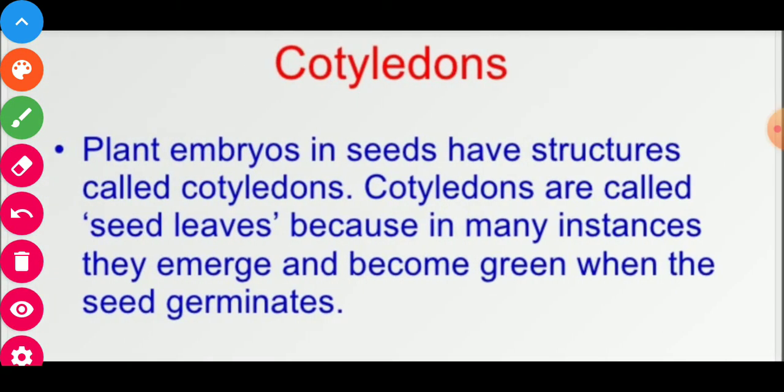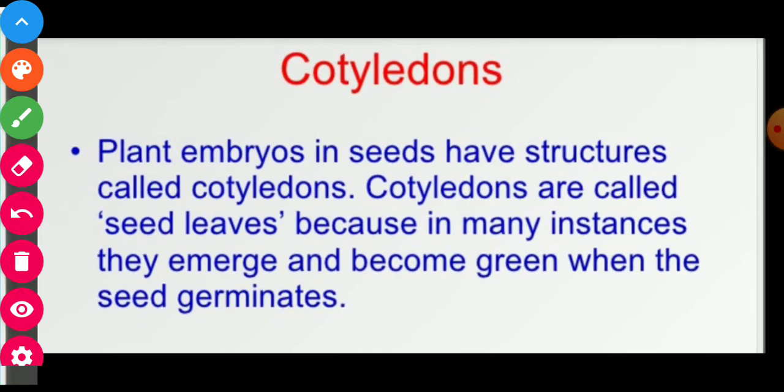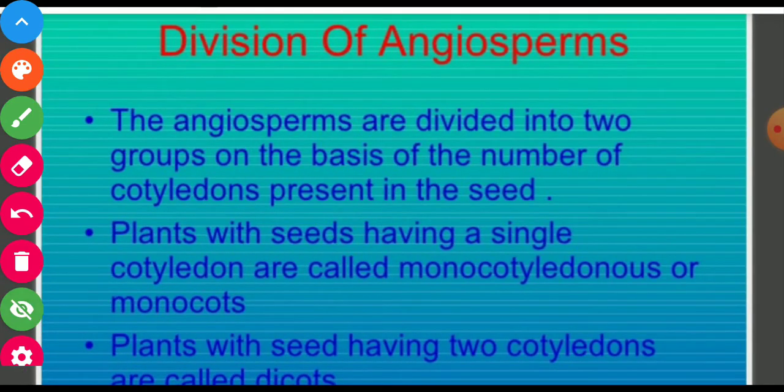On the basis of cotyledons, the angiosperms are divided into two, monocot and dicot. You will see here the division of angiosperms. The angiosperms are divided into two groups on the basis of the number of cotyledons present in the seed.